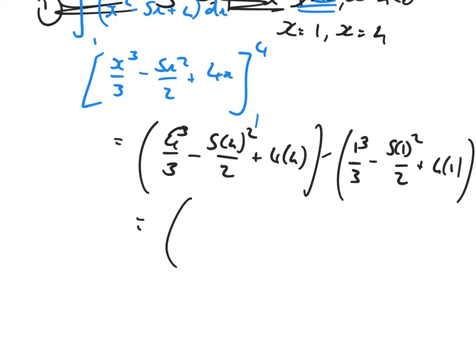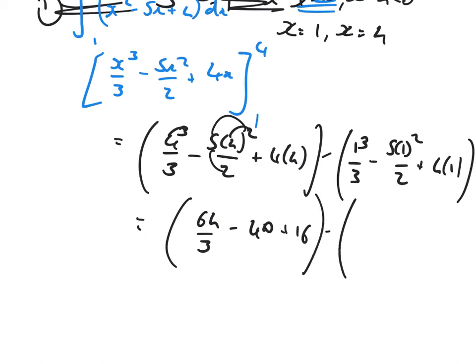Okay, so 4 cubed is 64, so that's 64 over 3. 4 squared is 16, 16 times 5 is 80, 80 divided by 2 is 40, minus 40 plus 16, minus open up. 1 cubed over 3 is 1/3. 1 squared is 1, times 5 that's 5, so that's minus 5 over 2 plus 4.